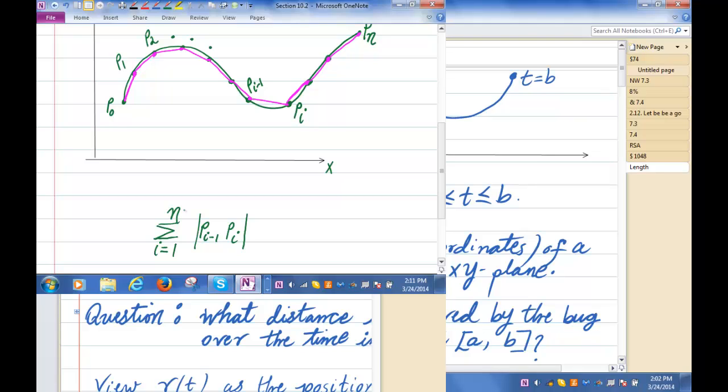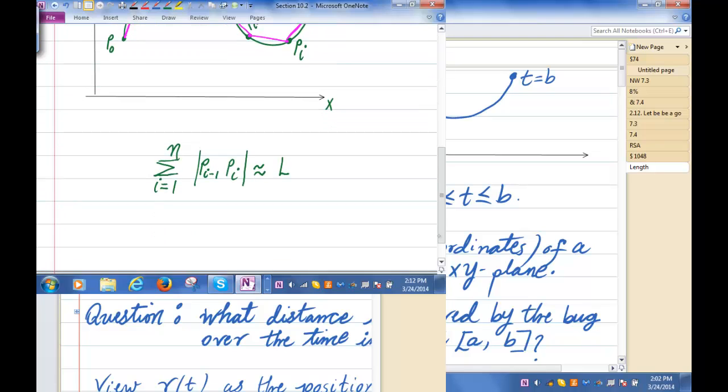When i is 2, I get the length between P1 and P2, and i is 3. So if I sum up the lengths of all these line segments, I get the total length of the line segments. And I could say that this is an approximation for the length L of the curve C. So let's say L is the length of the curve C.